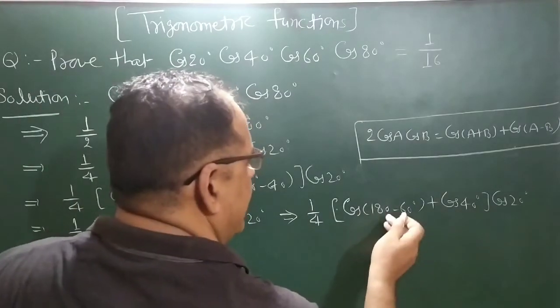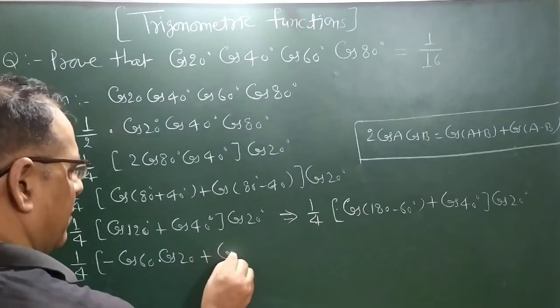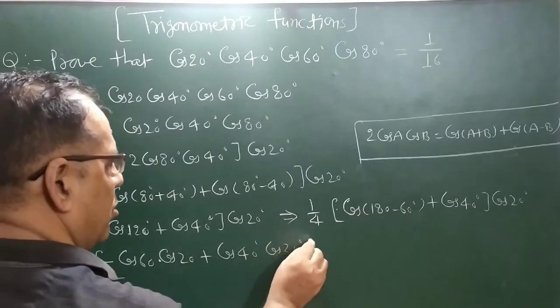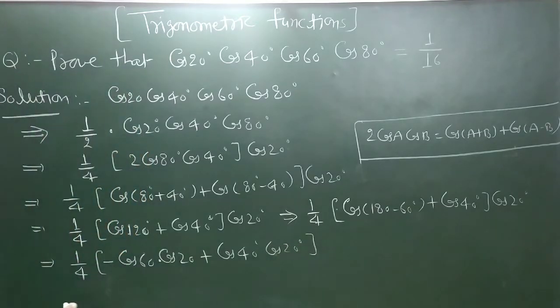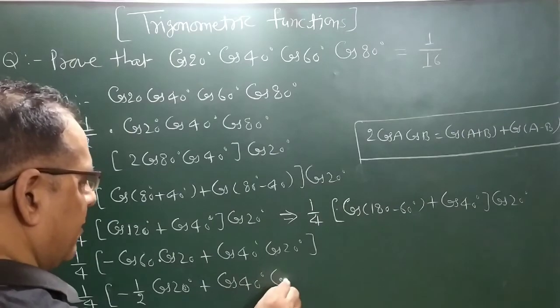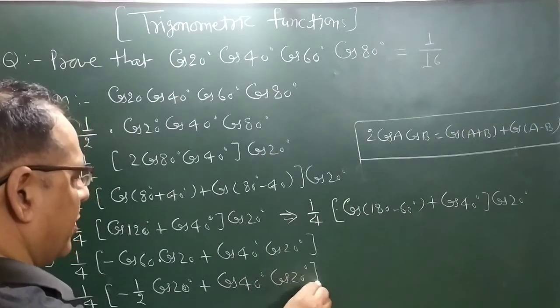This value multiplies inside the bracket plus cos 40 degree into cos 20 degree. In next step, this becomes 1 upon 4 minus 1 upon 2 cos 20 degree plus cos 40 degree cos 20 degree.